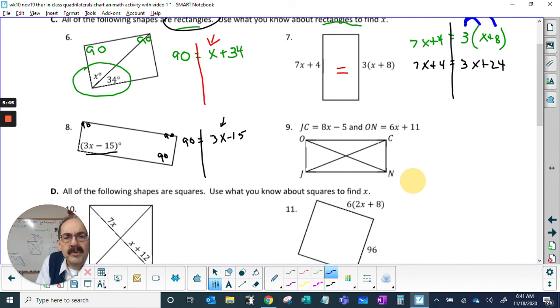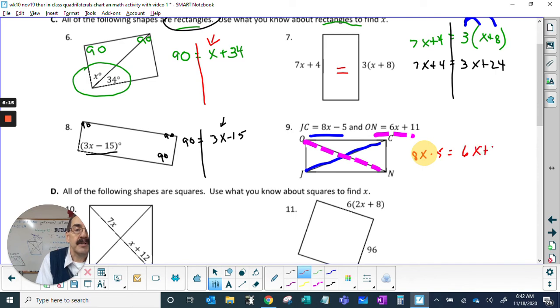Let's make that a blue. So that whole piece is that, and that whole piece is that. Well, rectangle, what do we know about diagonals in a rectangle? They have to be equal. Good. So 8x minus 5 equals 6x plus 11. Draw your fence. Solve for x. All right.